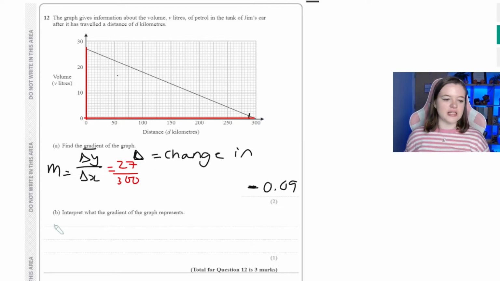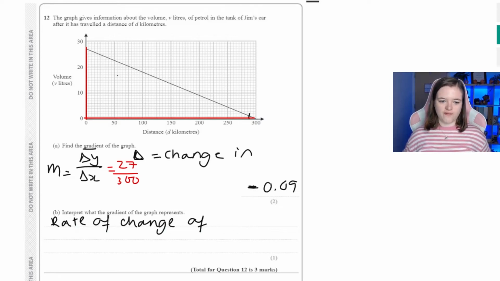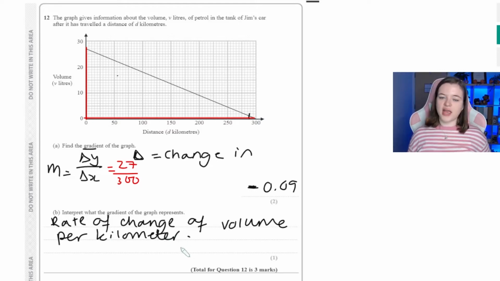So it's going to say, use a fancy term, rate of change of volume per kilometre. There you have it. Rate of change of volume per kilometre. Could put of distance travelled, but this does the same thing. So there we are. Question 12.